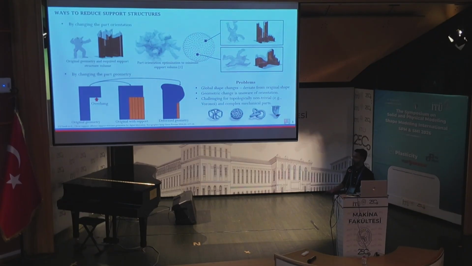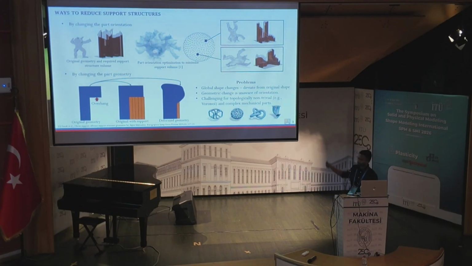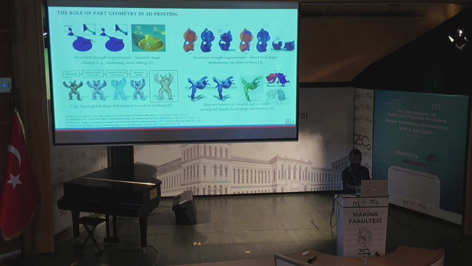So this type of large-scale deformation might be inapplicable for complex models, for instance, the Voronoi sphere, the knot model, and complex mechanical parts. So the idea is to find shape changes that are as close as possible to the original geometry.